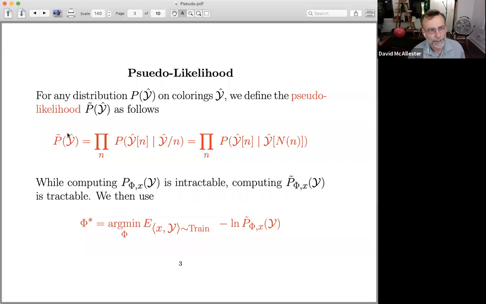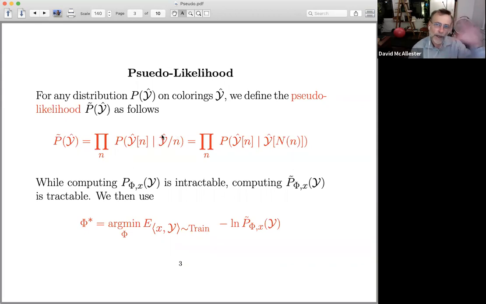So I've got a coloring, and I want to define a likelihood that I can compute efficiently. So what I'm going to do to approximate the probability of y is to take a product over all nodes of a probability of the gold label value of that node. Okay, so how am I going to measure the probability of the gold value of that node, the gold color of that node? What I'm going to do is take the coloring and take the node n out.